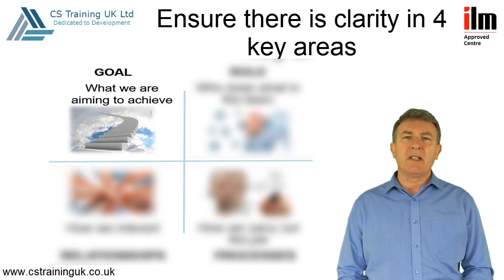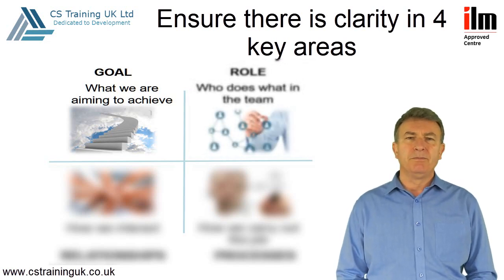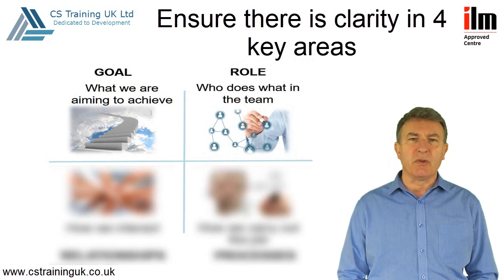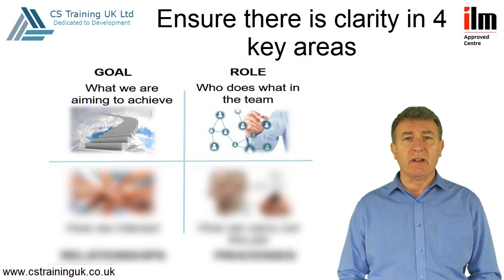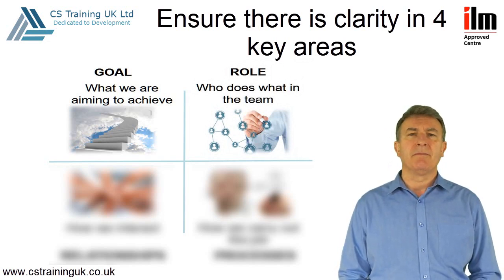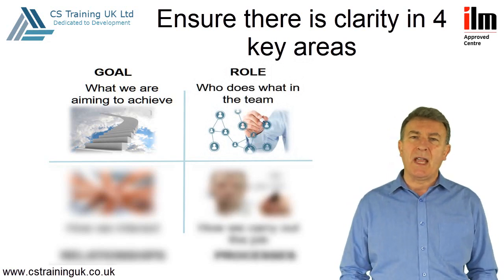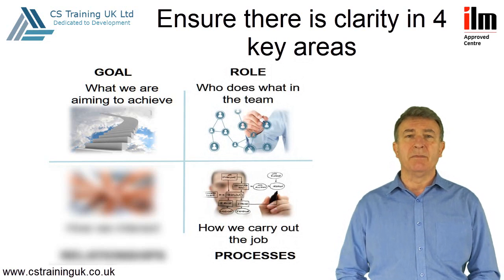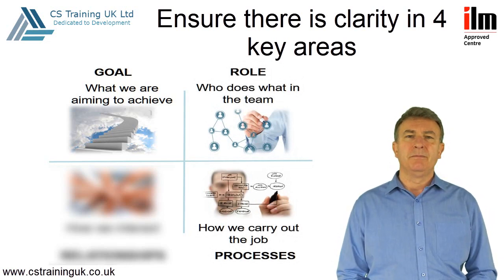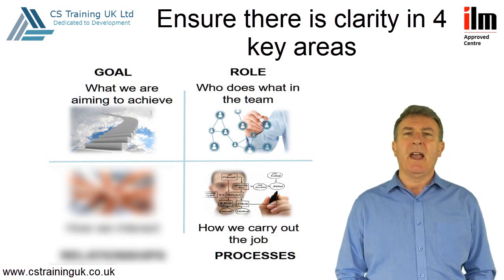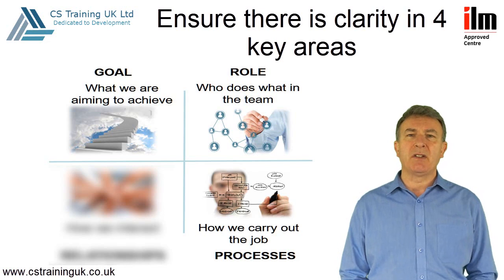Then, to ensure that there is clarity of role, being clear with lines of responsibility, but encouraging flexibility. Then establish with the team members how we carry out the job processes. The intention is to gain clarity and agreement on the most appropriate, effective, and efficient ways of doing aspects of the job.